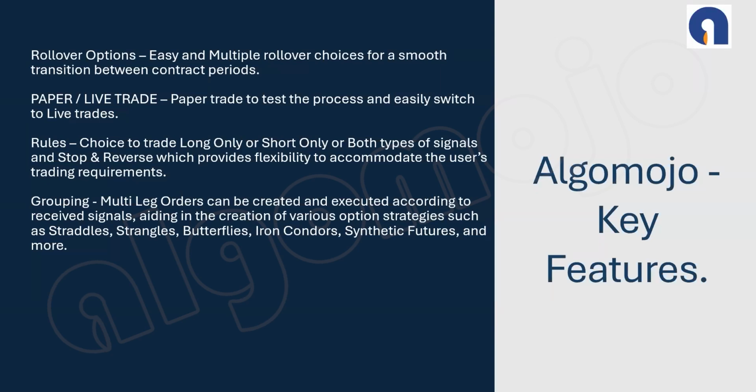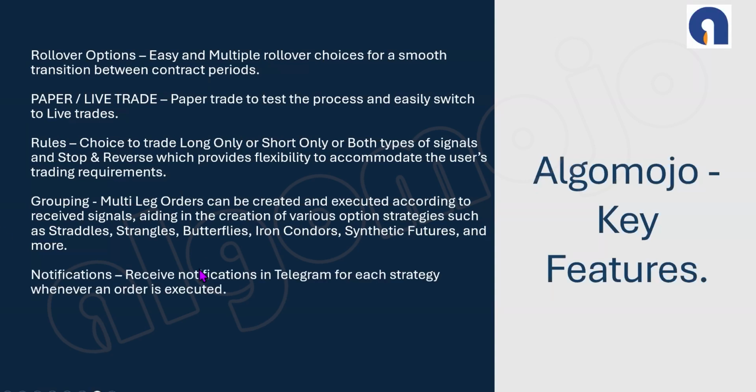You could have three, four, five, six, irrespective of the number of legs. All legs will be executed based on one single signal that you would send from the charting platform. So individual legs need to be created and then they can be grouped together and executed in one shot. That is what the grouping facility is, which is available in our platform.